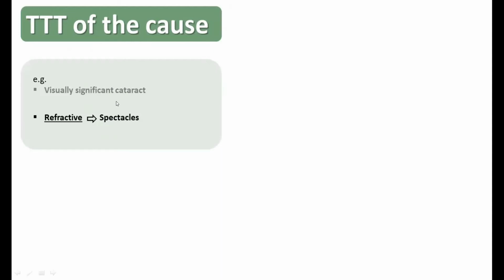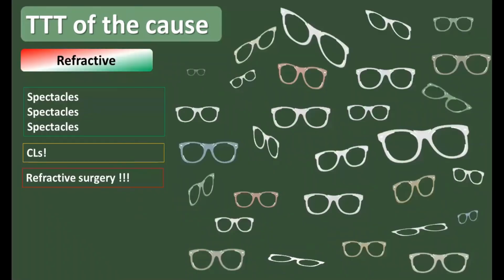So this is just an example of treatment of the cause. The other example, if we have a refractive error. Whenever we have a refractive error in a case of amblyopia, we should give this case the refractive correction, mainly in the form of spectacles, not only for refractive amblyopia, because as we mentioned there may be a mixed pathology in amblyopia, like we have strabismus with refractive error.